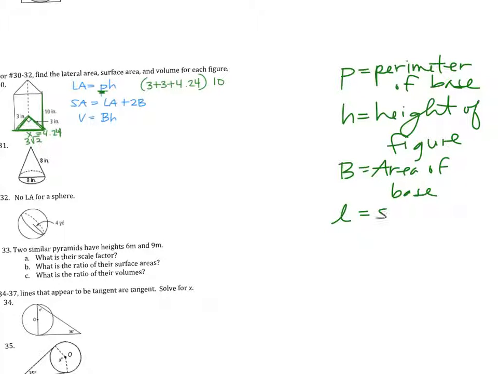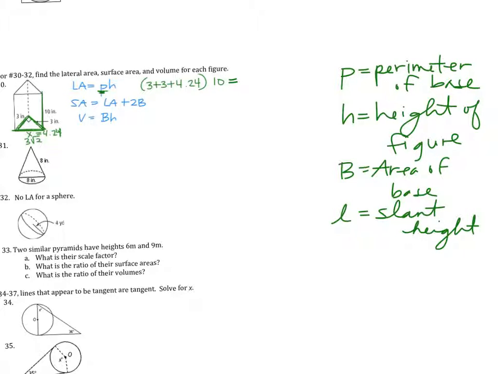L is the slant height. Am I missing any? I think that's it. Yeah, so I would write those down right next to your chart just to make sure that you know what you're working with.